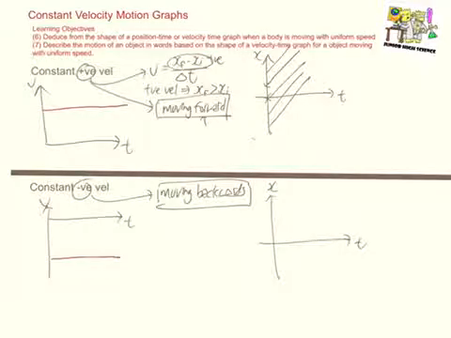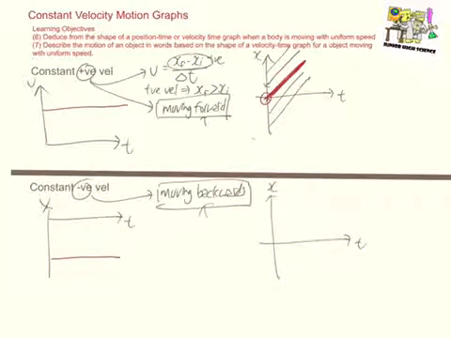If the question tells you that the object starts from the origin, then the only position time graph for the scenario will be this red line that is increasing. For the second scenario with constant negative velocity, the object is moving backwards, and therefore the position is becoming more and more negative as time passes.